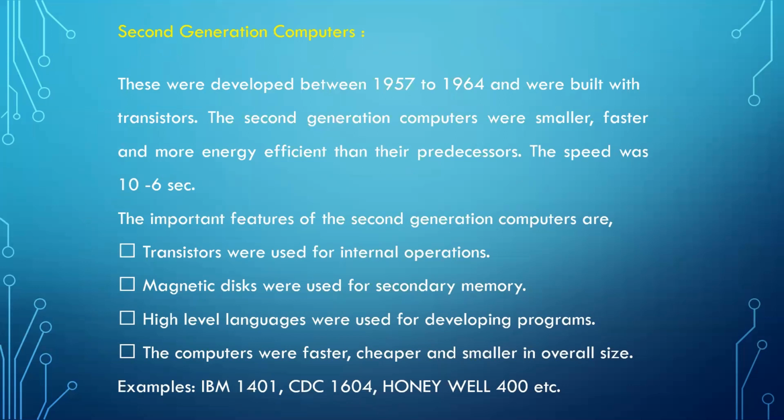It means we have changed that component here. In the first generation, we were using vacuum tubes, which we are replacing with a component called the transistor. The vacuum tubes are replaced by transistors.